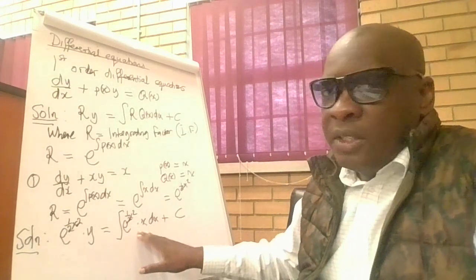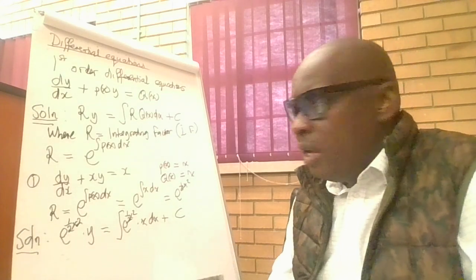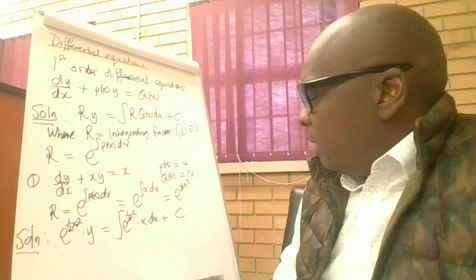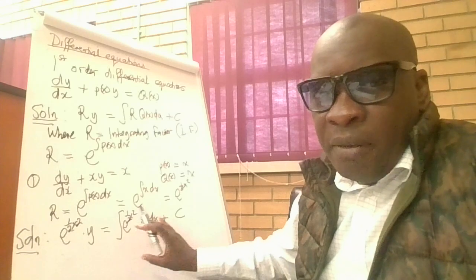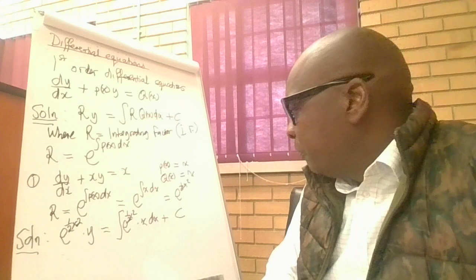So our focus now would be to integrate this part here, the integral of e to the power half x squared times x with respect to x. And you can see that now when you integrate there, you're going to have to know some integration techniques.